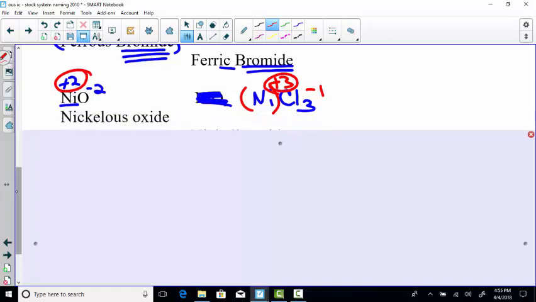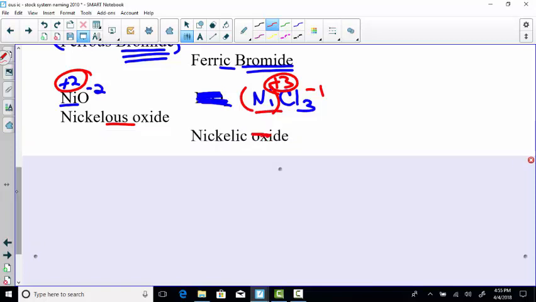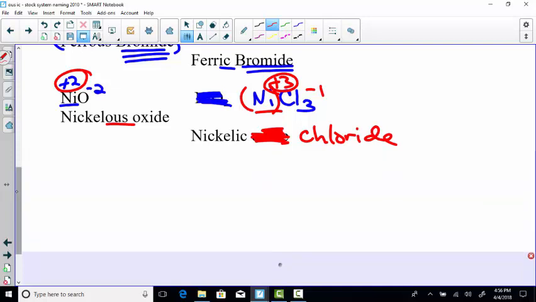My lower charge is OUS, so I take nickel and I put OUS on it, so I get nickelous. And then this one is the higher charge, so it's going to be nickelic chloride. Okay? So you have your lower and higher charges, and that's all this naming system is.